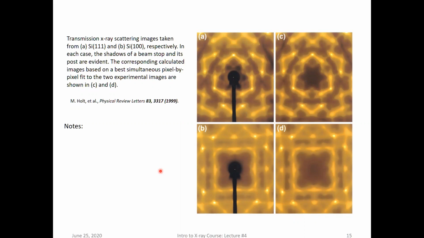In one case, it was a silicon 111, and in the other case, a silicon 100 wafer. On the left-hand side, you can tell it's data because you can see the shadow of the little stick that held the sample and the beam stop. The X-ray is going through the sample, and there's a little stick with a beam stop in front of the detector so that the main incident beam doesn't burn a hole in the detector.